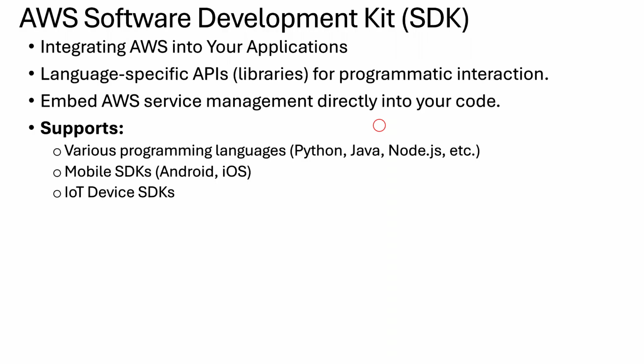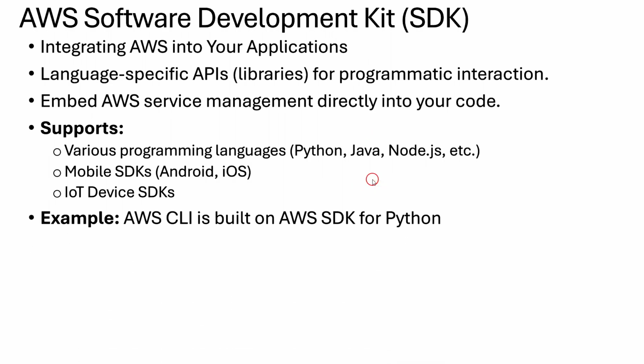Okay, and a great example you might not realize: the AWS CLI itself is built on the AWS SDK for Python. So whatever AWS CLI commands we use, internally the CLI will use the Python SDK, and this Python SDK will call the AWS services.